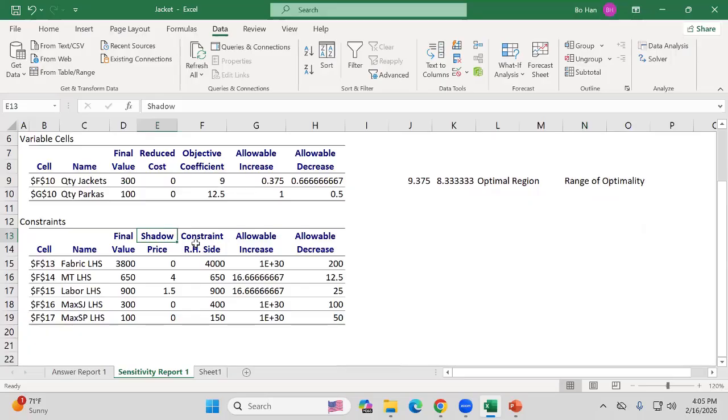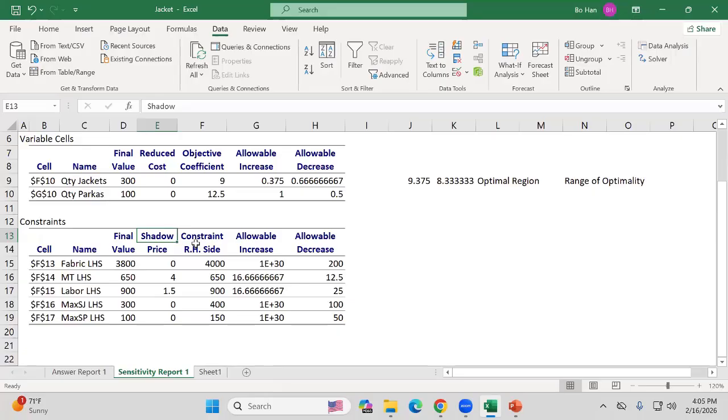This value tells you how much the objective variable value will change if you have one additional resource to put into that constraint. Let me repeat. The shadow price tells you how much the objective variable will change if you have one additional resource to put into that constraint.